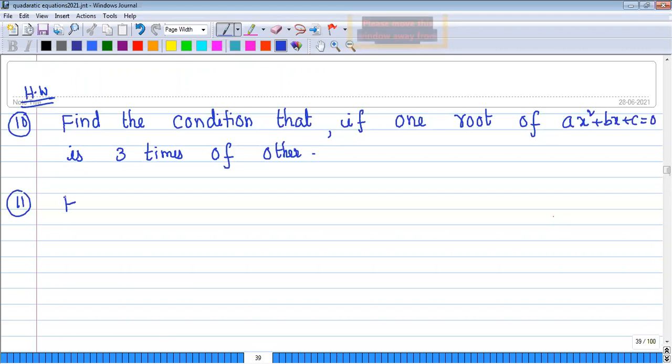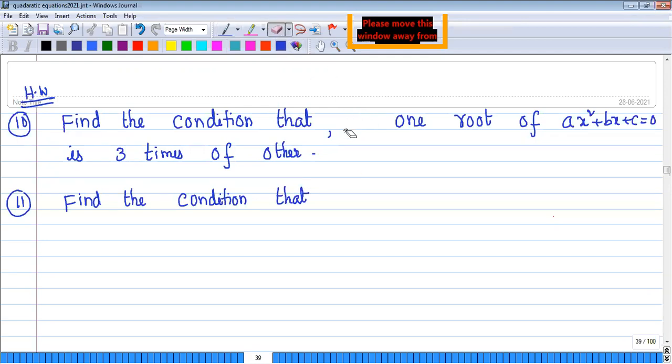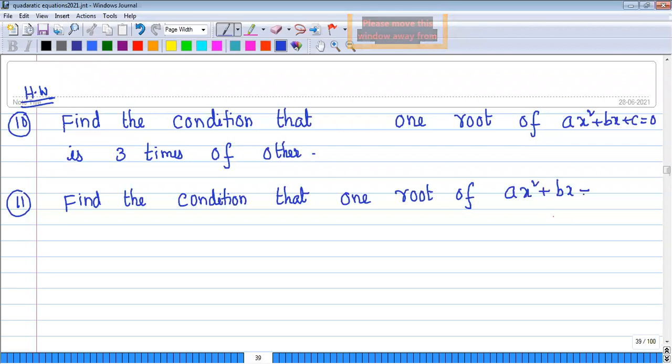Next, find the condition that one root of ax square plus bx plus c equals 0 is 5 times the other.